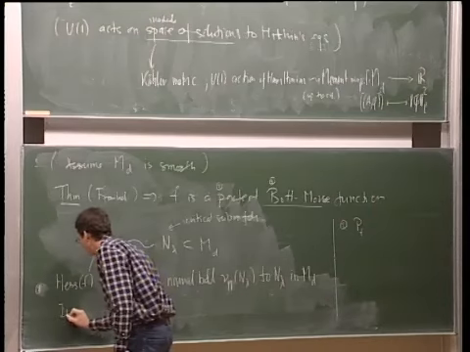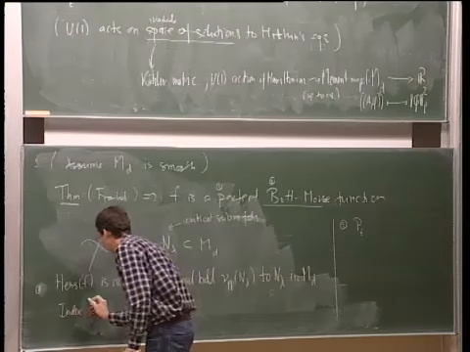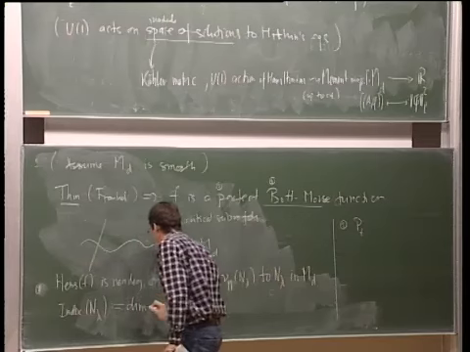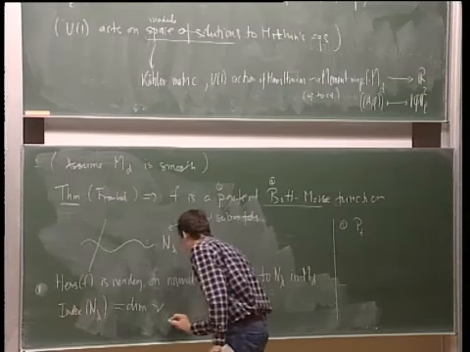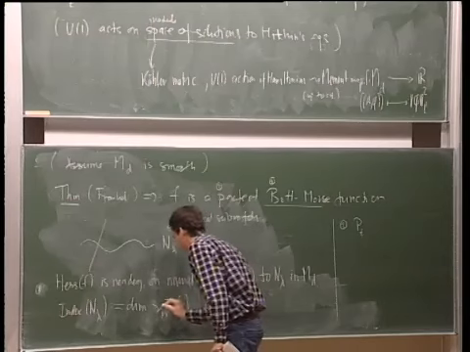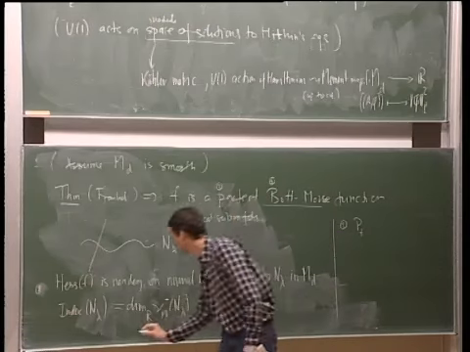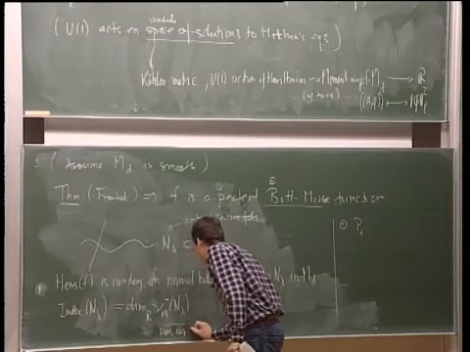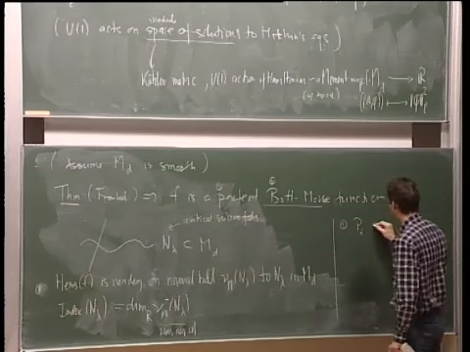So we define the index of this critical subvariety to be the dimension of the subbundle of the normal bundle on which the Hessian is negative definite. Then you get the Betti numbers as follows.